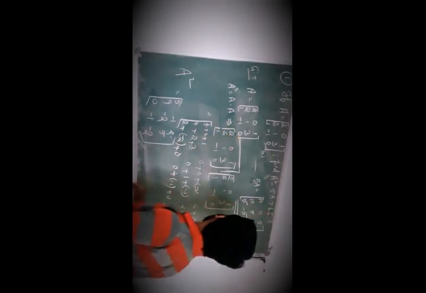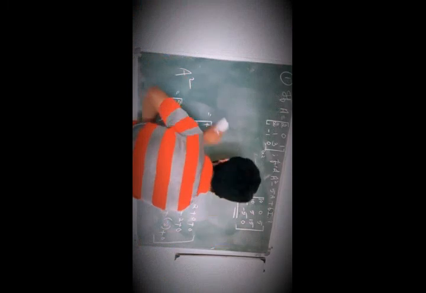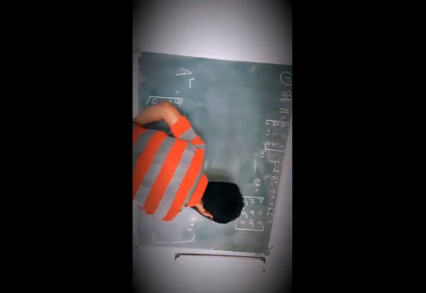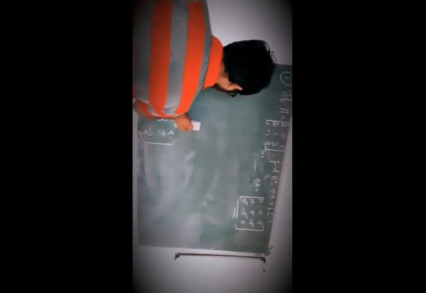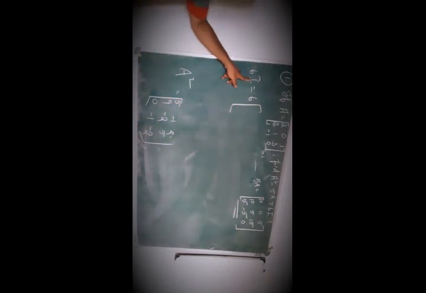So now 6I I have to take. Listen here, 6I, that means 6 into the identity matrix of order 3.